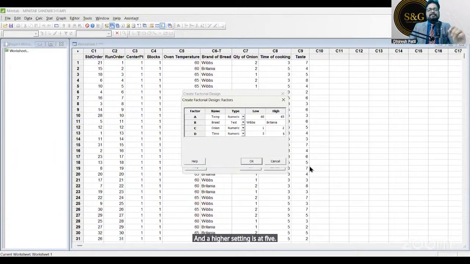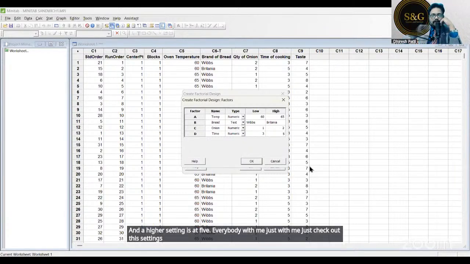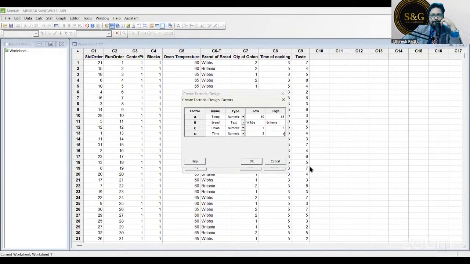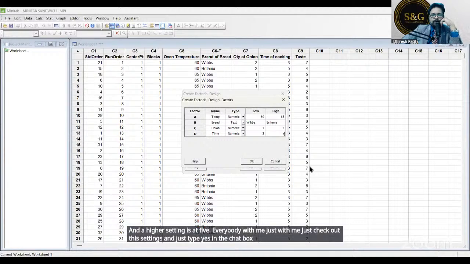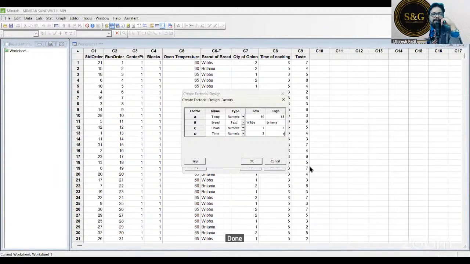Everybody with me? Just check out these settings and just type yes in the chat box. Done, everybody? Temperature, bread, onion, and time.